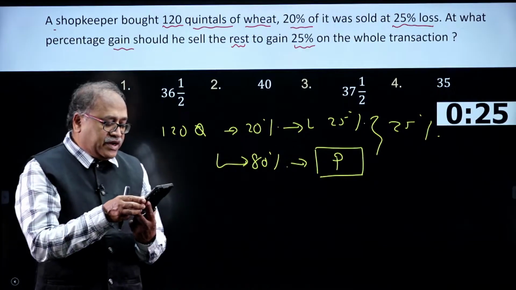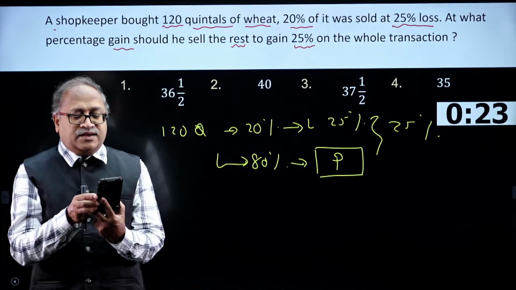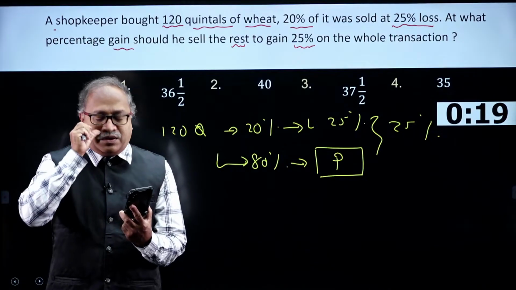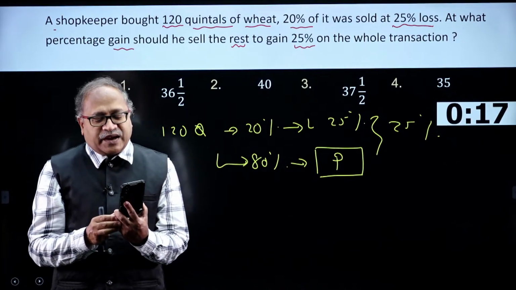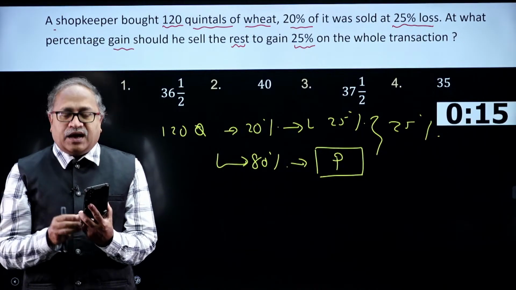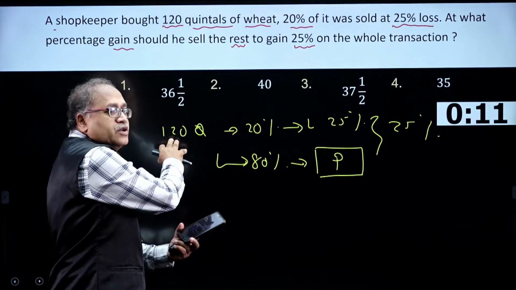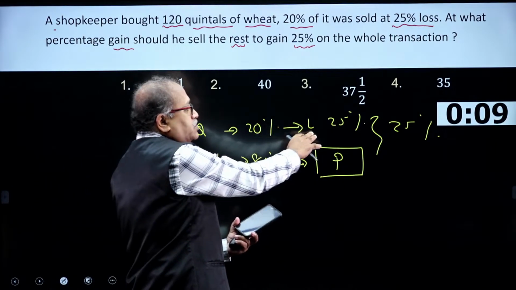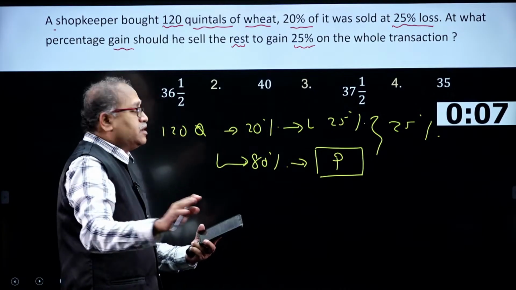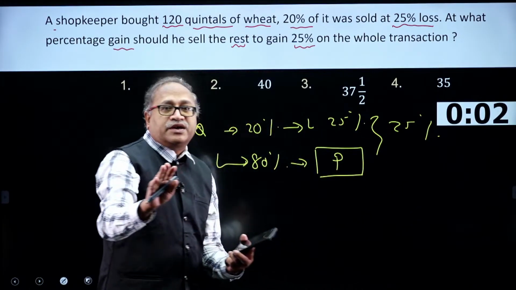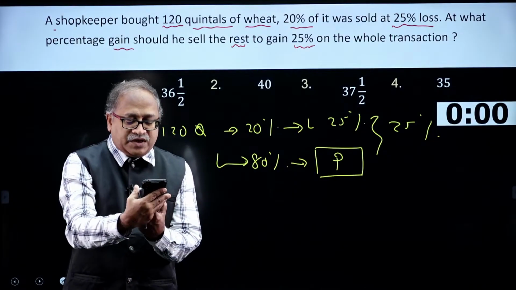I am sure Aim will answer the question. Very good evening, Venkat. So, the exams are coming, all the exams are lined up. So, let's practice it together, and we will answer the question with the best possible method. Out of 120 quintal, 20% is sold at a loss of 25%. The remaining should be sold at what percentage profit, so that overall we get a 25% profit.